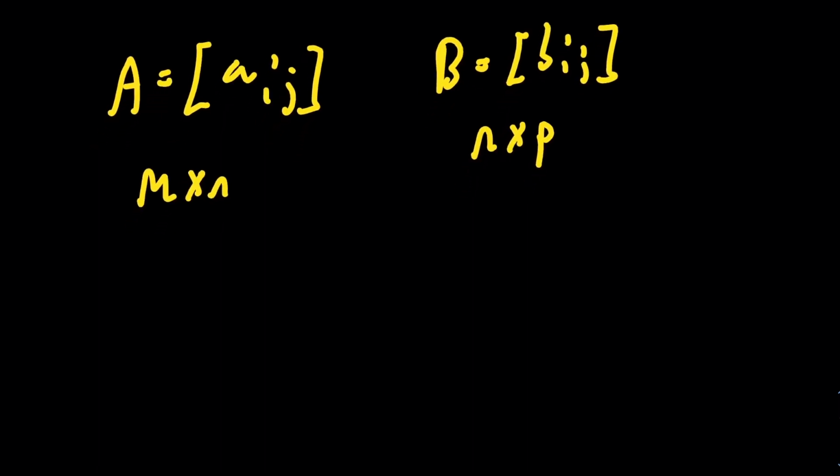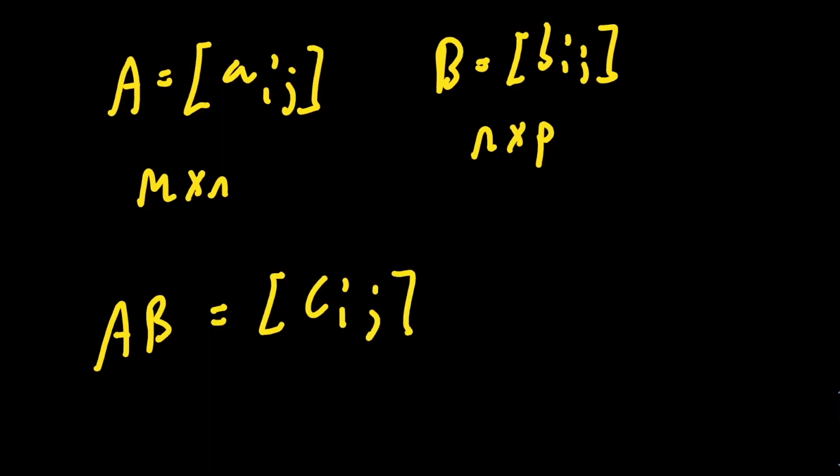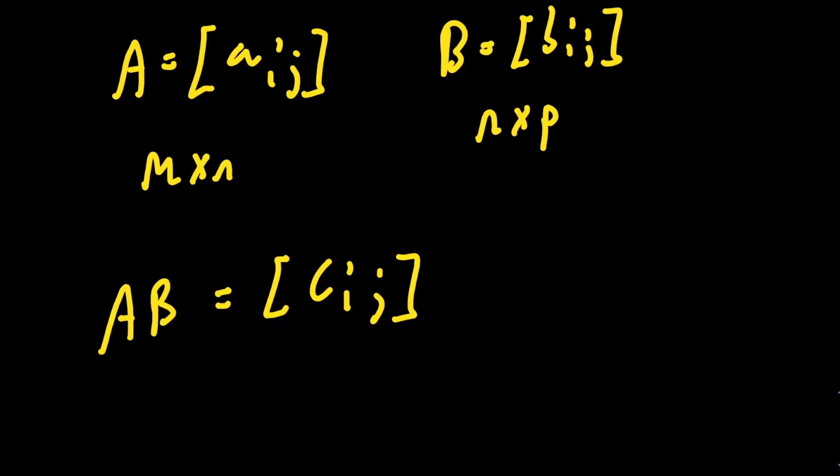Now, the theorem goes such that when you multiply A and B, you get the matrix c sub ij, where the dimensions of the matrix will be an m by p matrix.